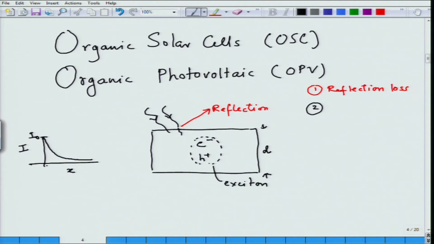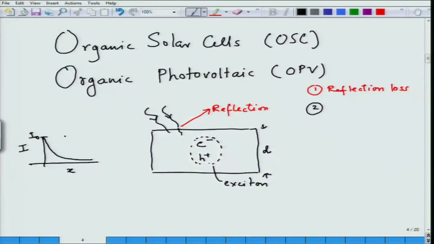So, if I want theoretically to absorb all the light, I have to have an infinite thickness of this semiconductor material, which is not possible, and hence this will always be some finite value, and there will be some losses which will not be absorbed. So, the second loss would be the incident light which is not absorbed in the semiconductor.